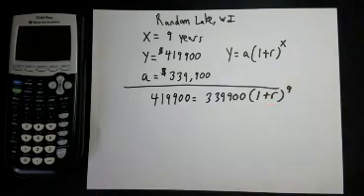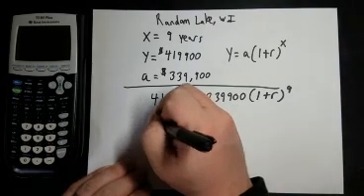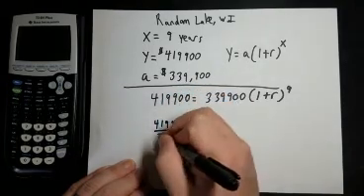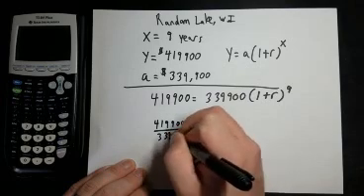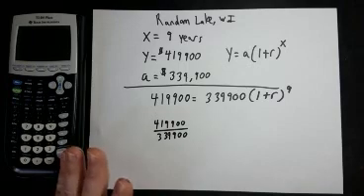We still have to get the rate of growth. First, we're going to start by dividing by the initial value. Again, crazy decimal, but I do not care what this decimal is. I'm just going to leave it as a fraction and let the calculator take care of the rest.